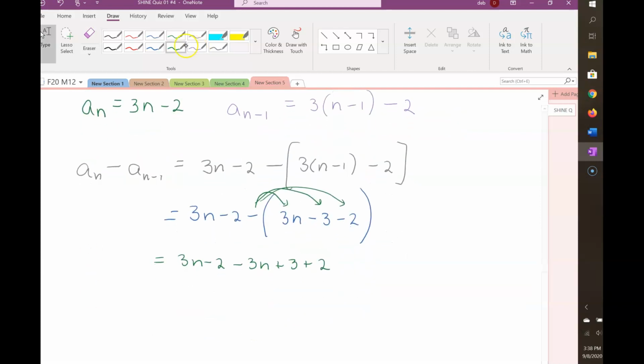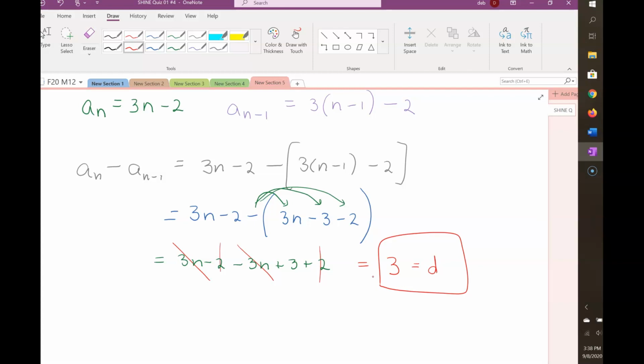But notice that the 3n's cancel, and in fact the negative 2 and the 2 cancel, and you get 3, which is the d.